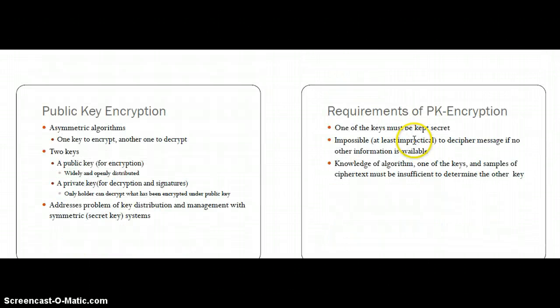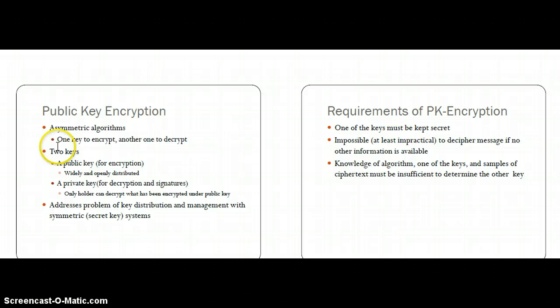Let's start here. When we say public key encryption, an asymmetric algorithm, it means the technique uses one key to encrypt and another one to decrypt. Each user has two keys.